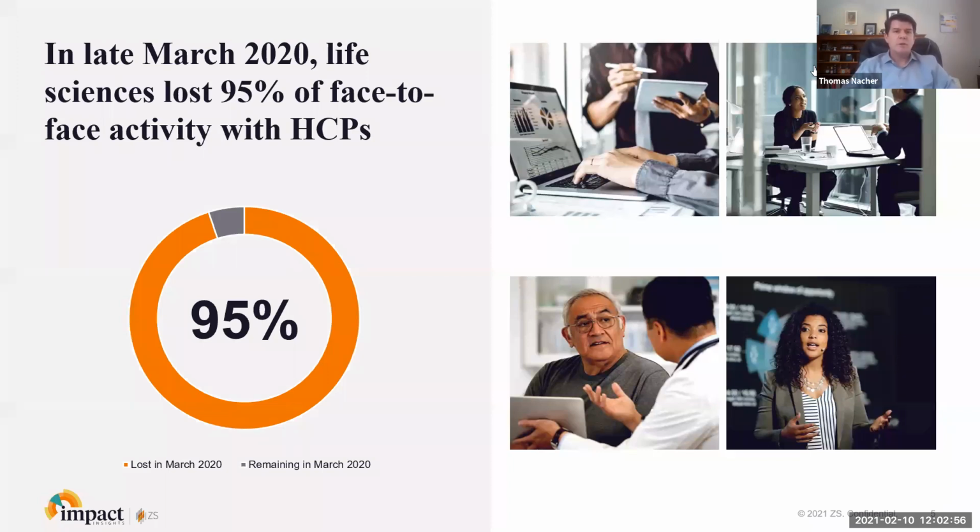This was huge. This, we believe, was really a watershed moment, a moment where people across the industry felt that it was time for a change. It was time to evolve their commercial models to go about it differently.